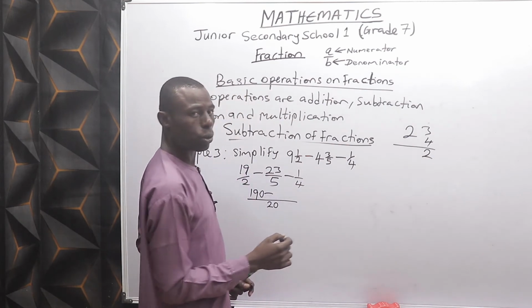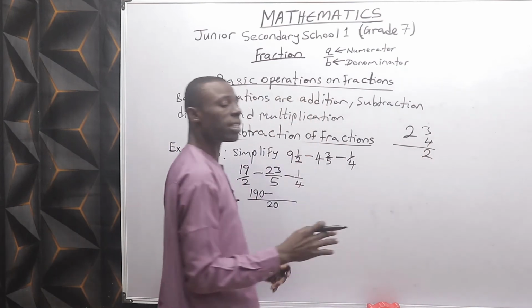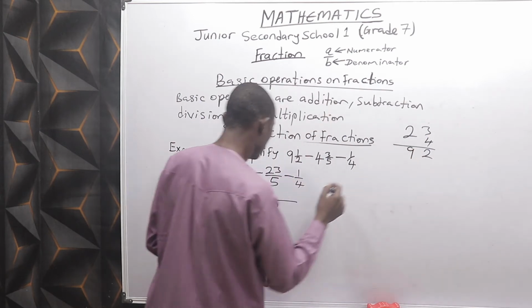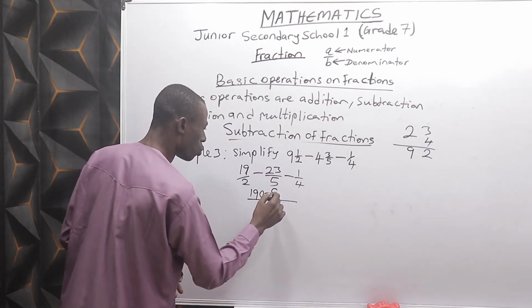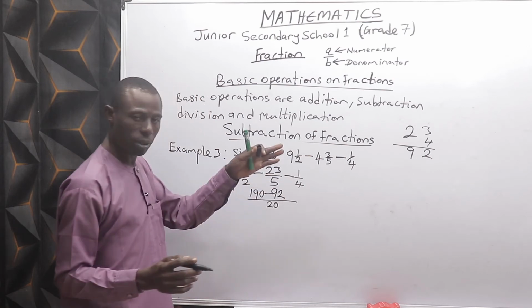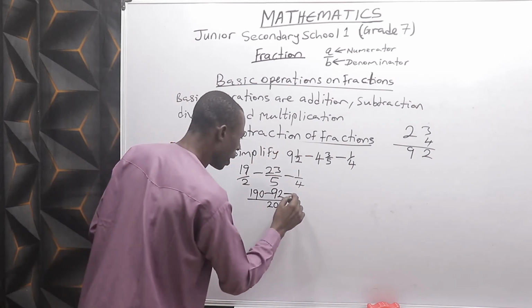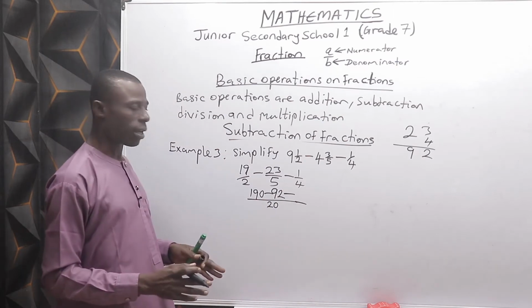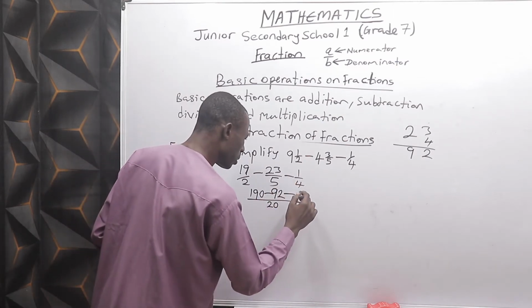You write 2. 4 times 2 is 8. Plus the one we carry, that is 9. So this gives 92. I hope you understand what I've done there. Minus 4 divides 20, that is 5. 5 times 1, that is 5.